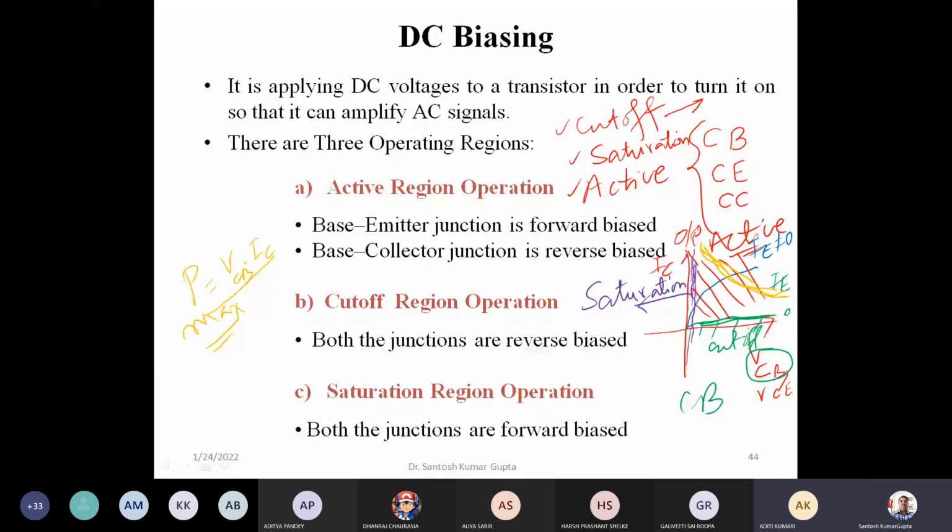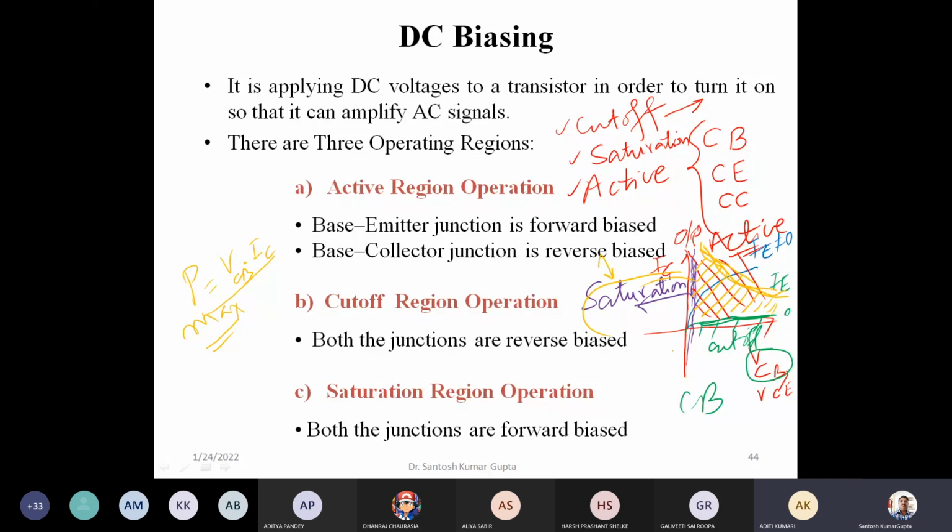So below this curve we will have a region like this here, which is only useful in the saturation region. If we change some signal, then we can see that the levels of current are saturated. So if we change the input values, then in the output we will not see similar values.